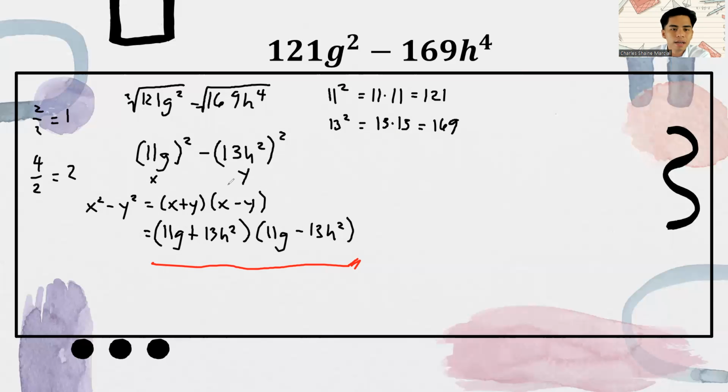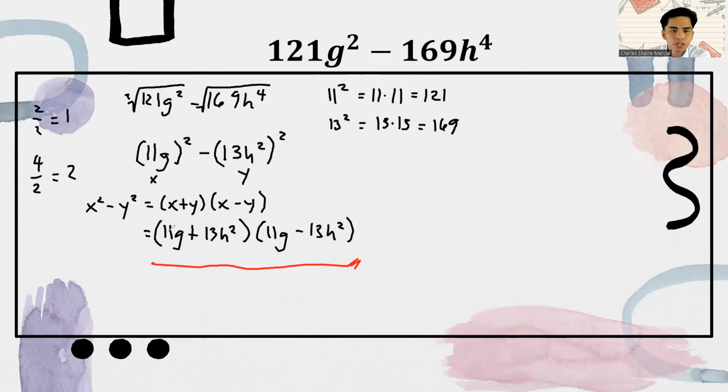Opo. And then after that, i-rewrite muna ninyo yung standard form natin na x squared minus y squared is equal to the quantity of x plus y times the quantity of x minus y para may guide kayo ng factored form natin. So we will just substitute the following given.